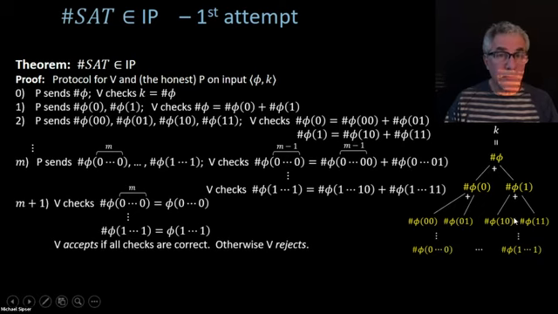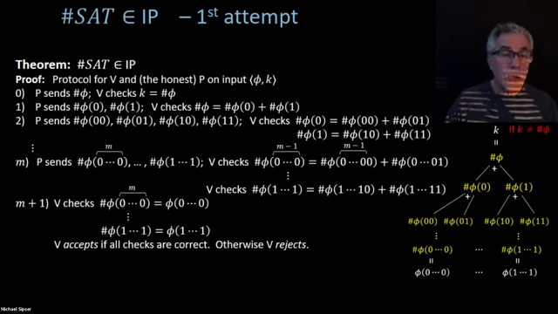And so it keeps checking that these things add up correctly until you get down to setting all m values in all 2 to the m possible ways. And now the verifier is going to check to make sure that that equals what the formula would say. Okay. So now what happens if K was the wrong value?